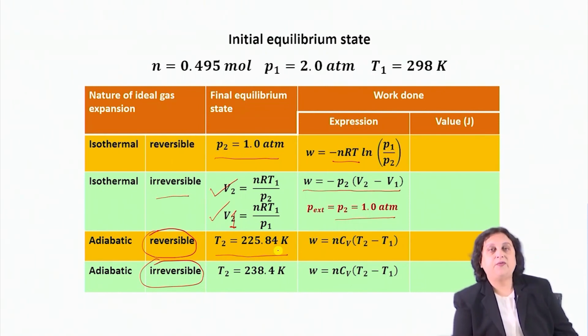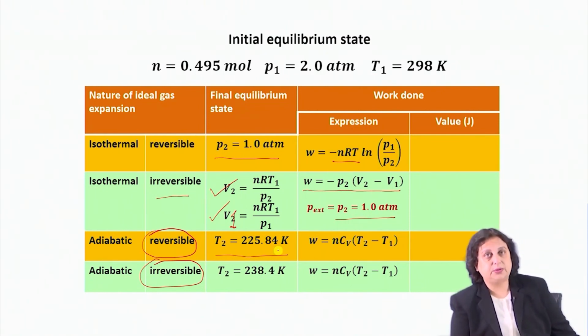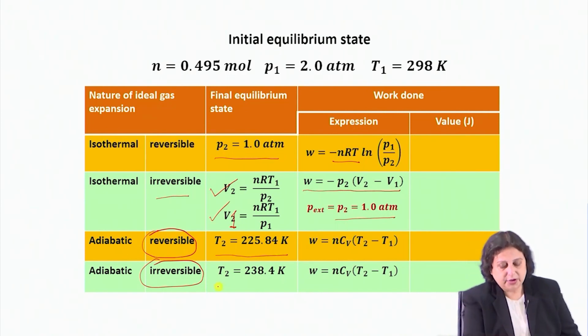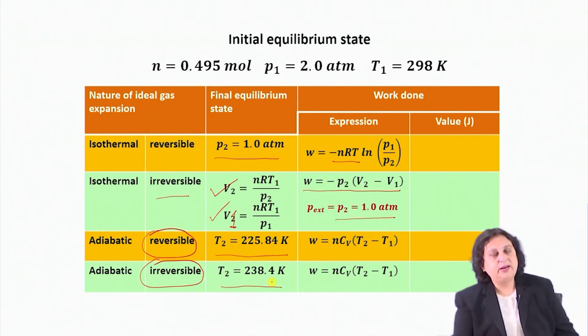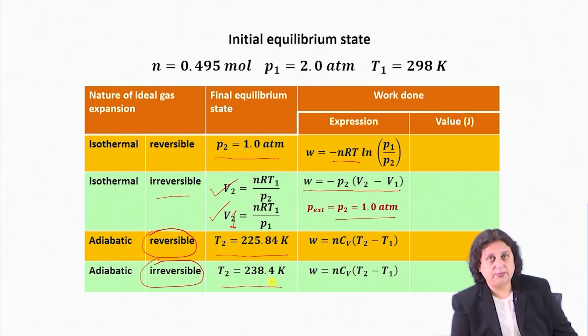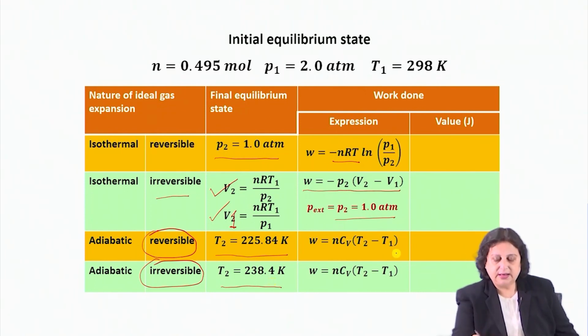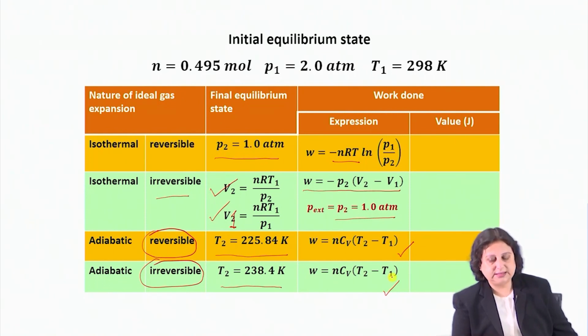But if I follow an irreversible path, then I would arrive at a very different temperature. If I know the final temperatures of the final equilibrium states, I can very easily calculate the work done in this process, as shown by the expressions here, which I have already discussed.